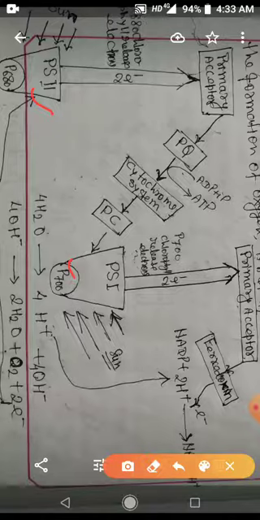In cyclic photophosphorylation, when electrons are passing through the electron transport chain, they are losing energy.